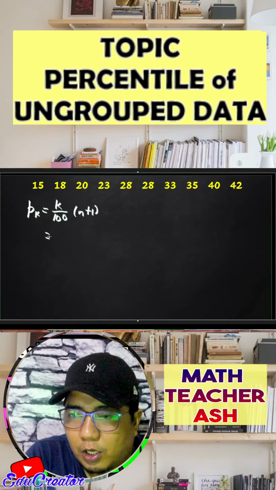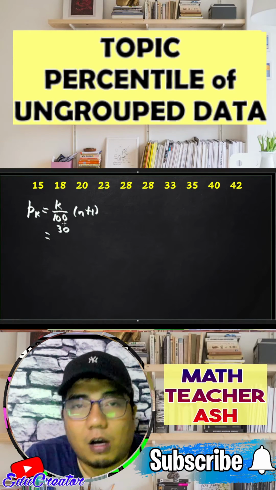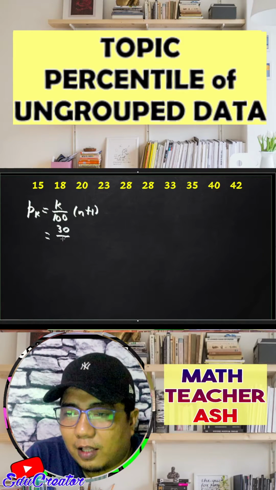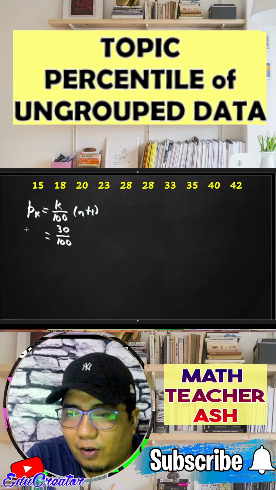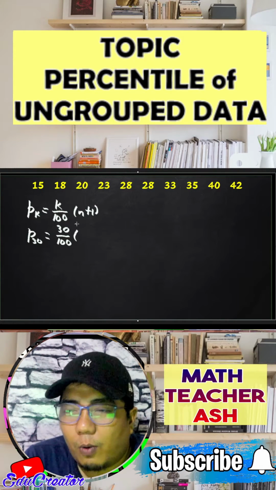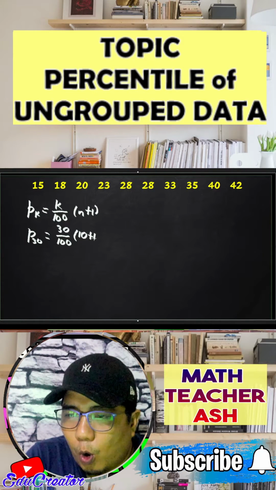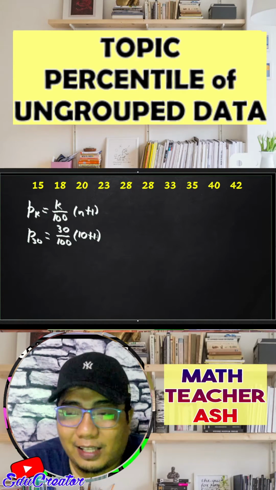Now, we already know that our k here is 30 because we are finding the 30th percentile. Our n right now is 10 because we have 10 data points.